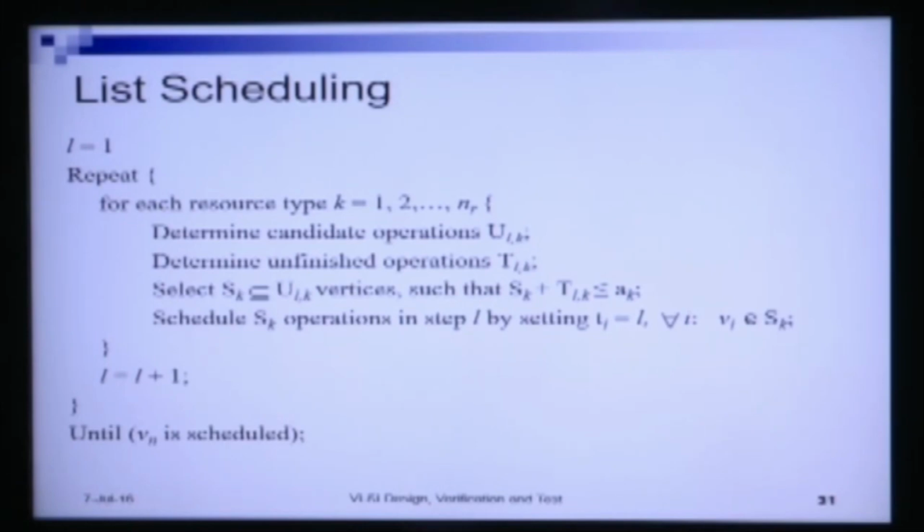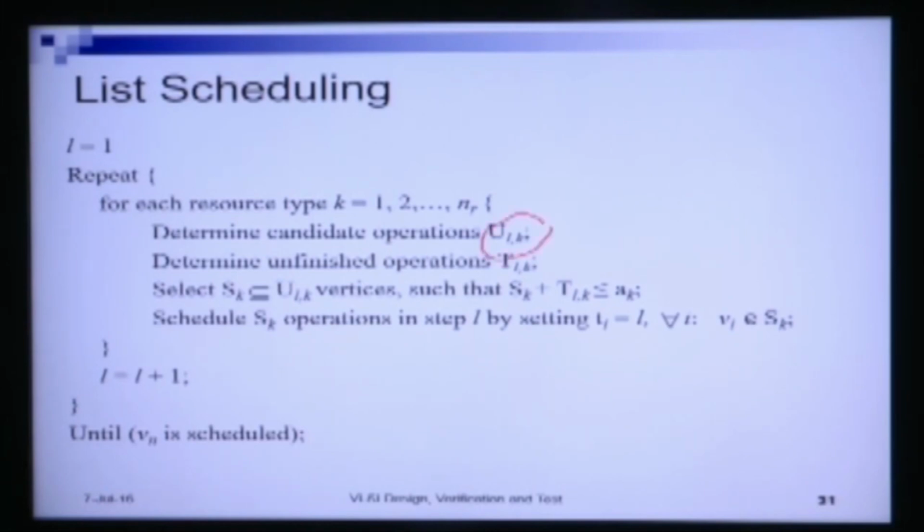Now, what is the first thing to do at each time step? At each time step for each type of resource, the first thing to do is to obtain candidate operations, and then also determine unfinished operations at time step L. So, what does ULK tell me?